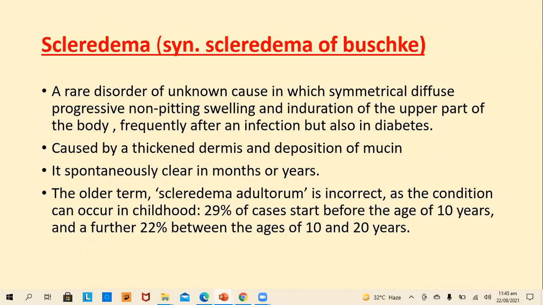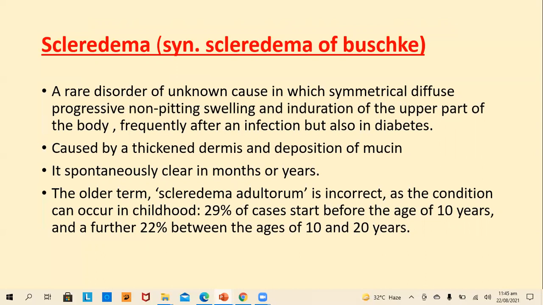So the eruption is generally symmetrical, diffuse, non-pitting swelling and induration, mainly seen on the upper part of the body that include the upper back, upper chest, and the upper limbs. It is caused by thickening of the dermis due to deposition of mucin. There is no papular eruption on top of the thickened or indurated skin.